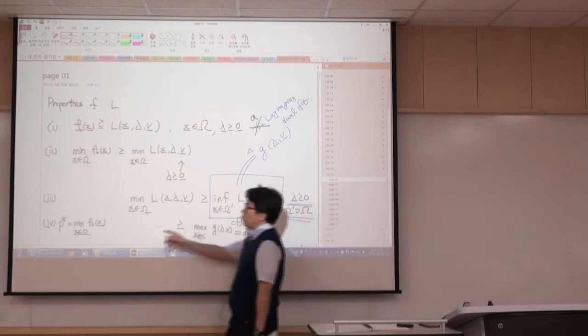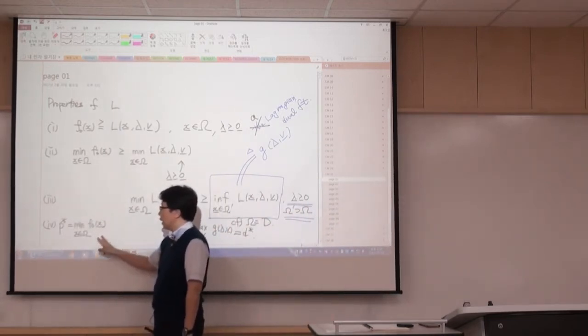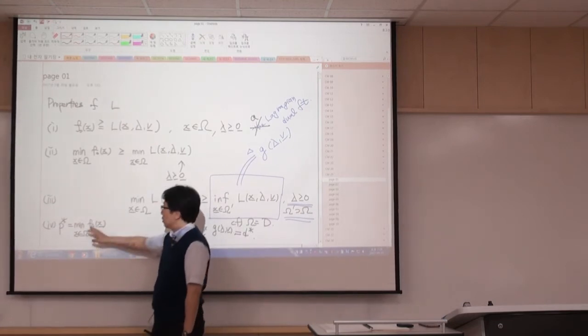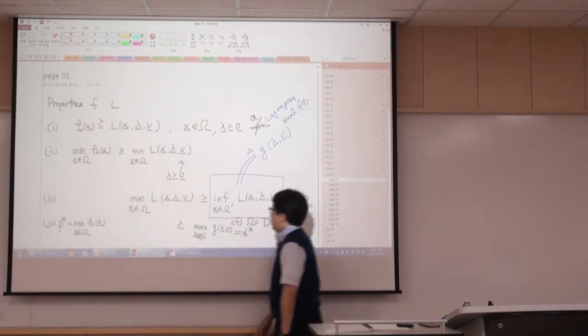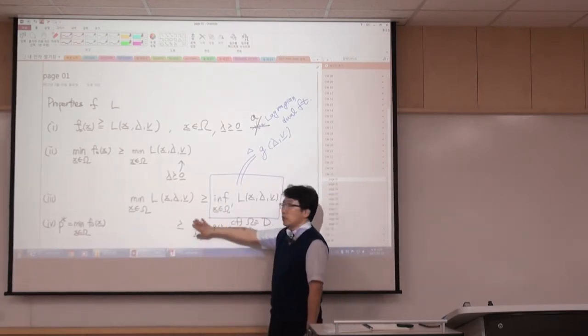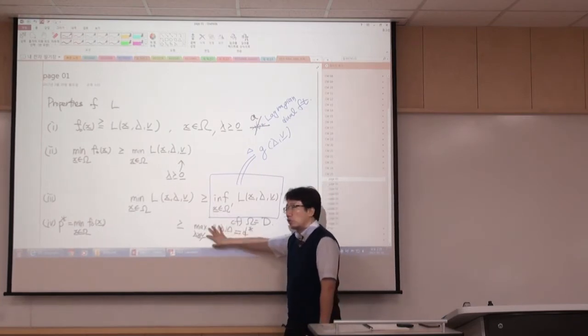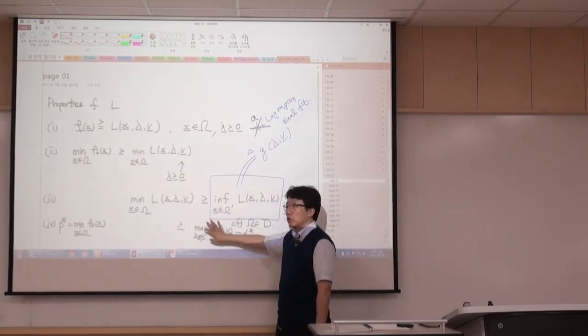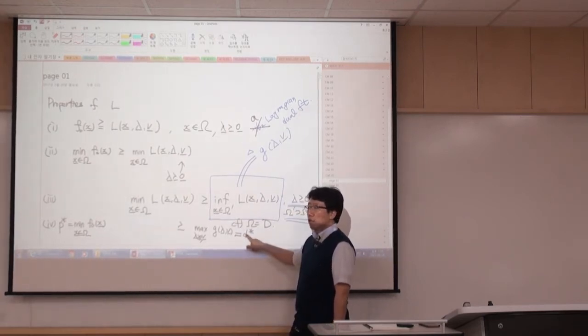The reason why we use p and d is that we call this minimization problem the primal problem, the original optimization problem. And we call this maximizing g of lambda nu the dual problem. So this d means dual. Got it? So what do we have?